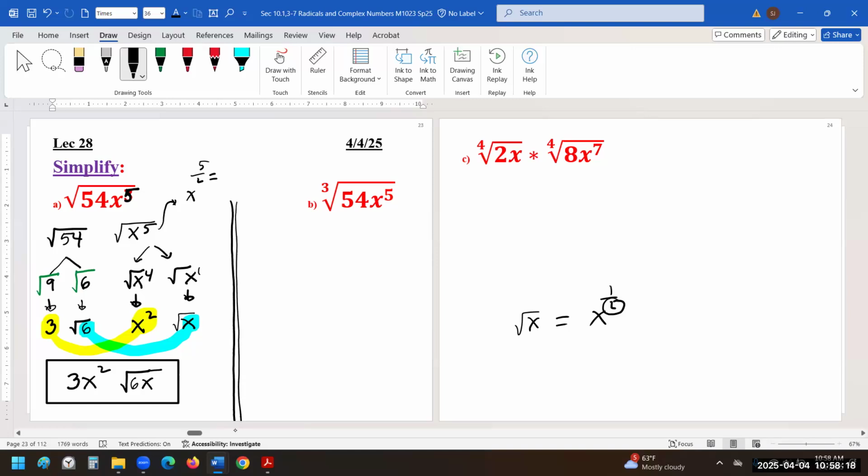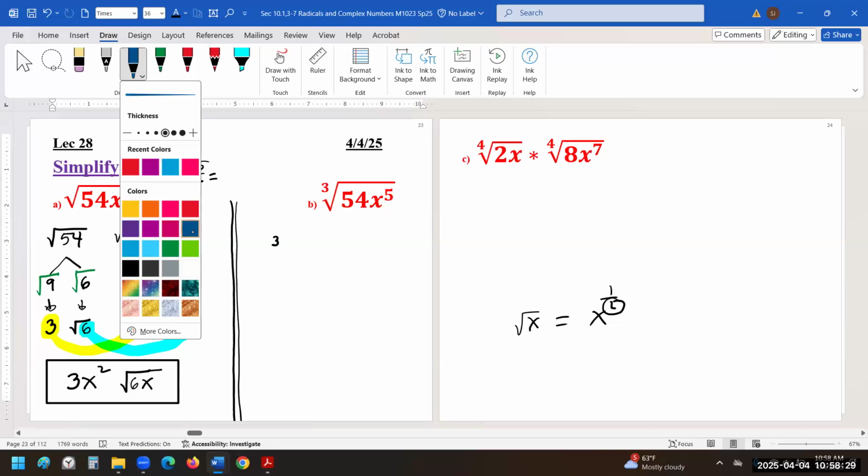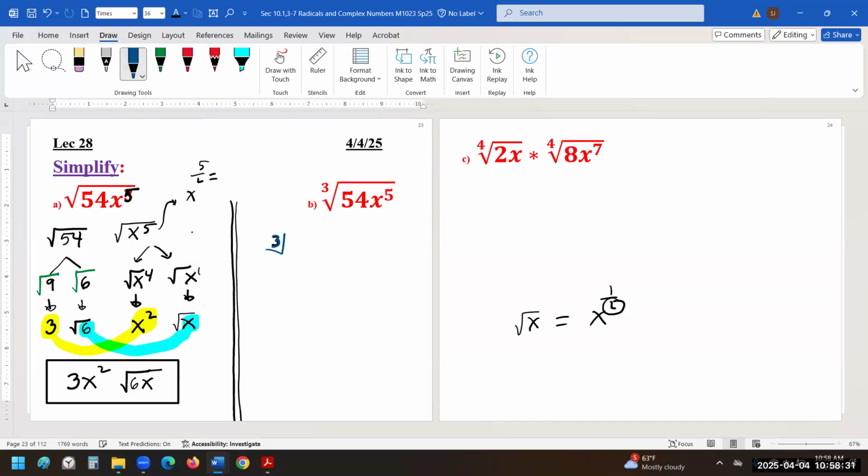We do the same thing, but this time we are looking for cube root. So let me change the color from black to blue. Cube root of 54 and cube root of x to the 5.